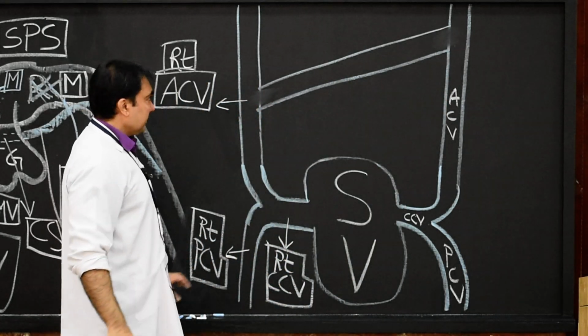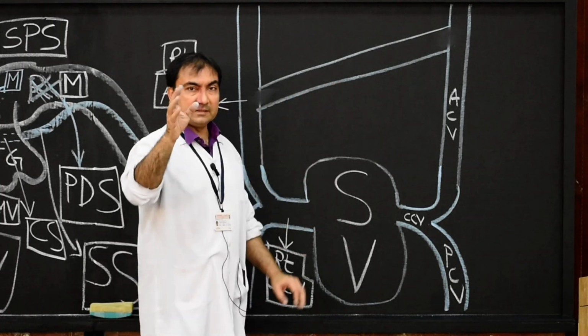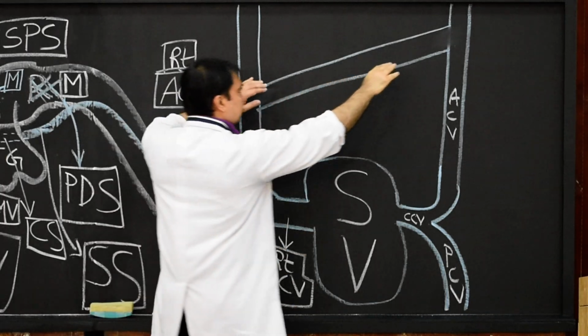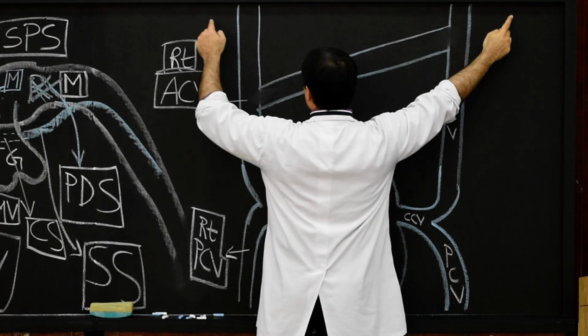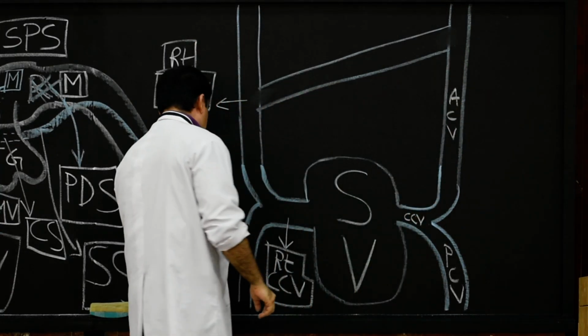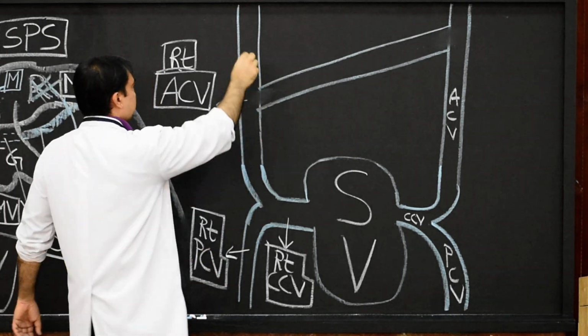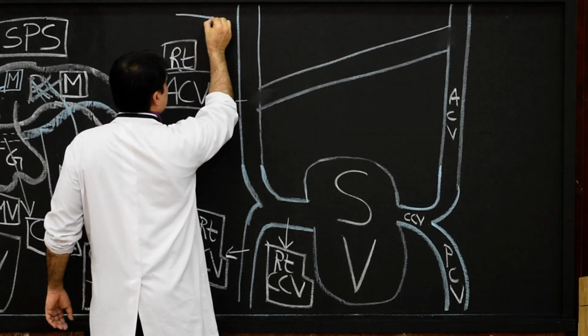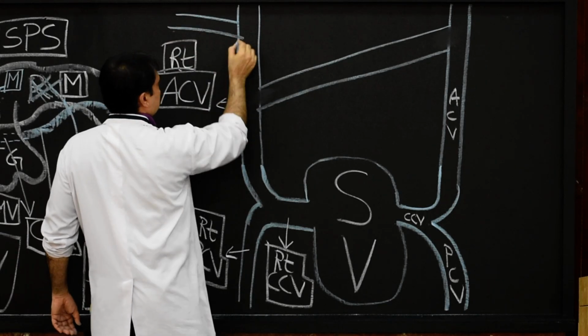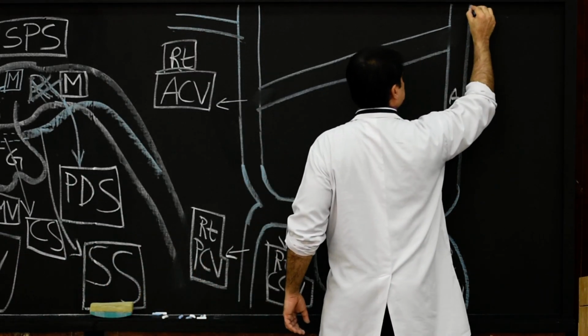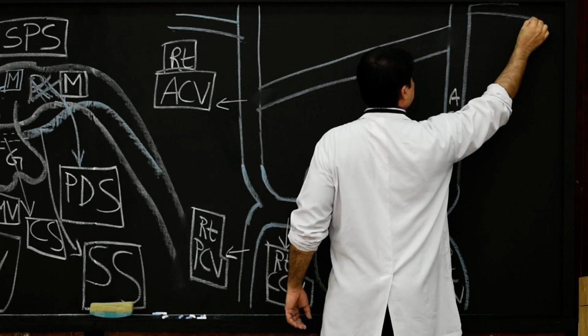Very simple. Now, above this oblique connection, from right and left side, there will be drainage of blood from right upper limb and left upper limb.